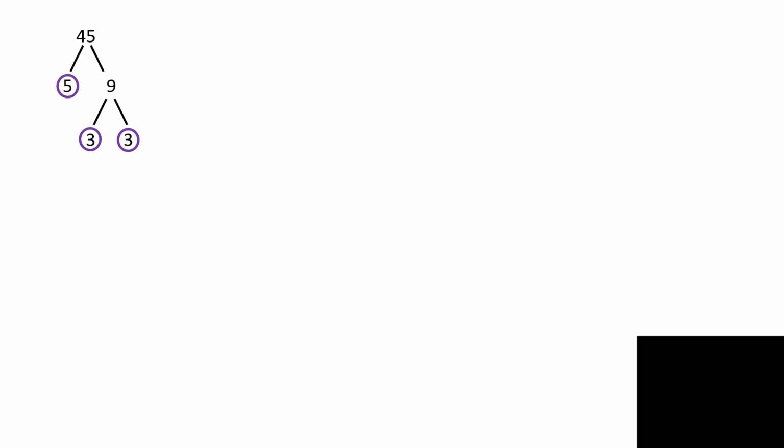The smallest number I circled was a 3, so I'm going to put that first. And I circled 2 of them, so I'm going to have 3 squared. And then after the 3 squared, I'll put times 5 because I also circled a 5. So there's a tree, and there's the answer written as the prime factorization. 3 squared times 5. That's the answer.